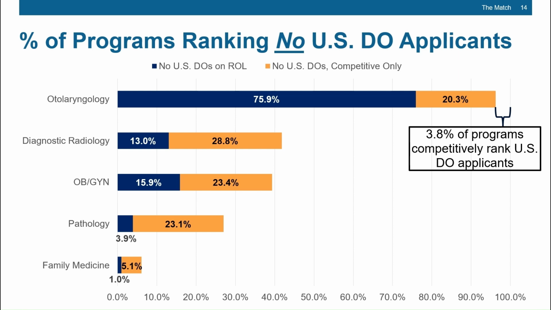There's a slightly stronger tendency for programs to not rank USDOs competitively compared to program tendency to only rank USMDs competitively. For example, while 93% of pathology programs competitively rank applicants other than USMDs, 27% of pathology programs did not rank any USDO applicants competitively.